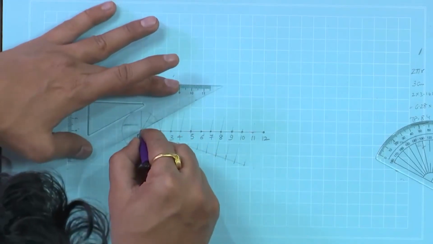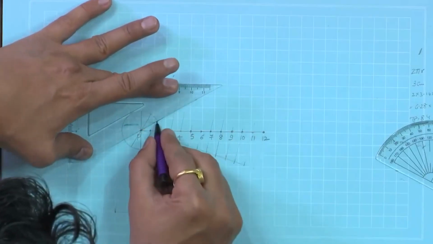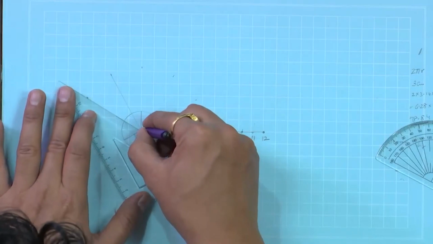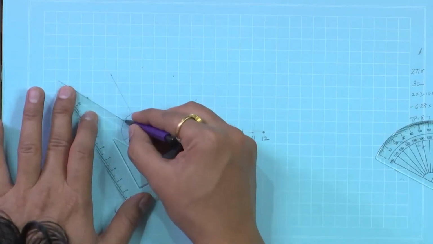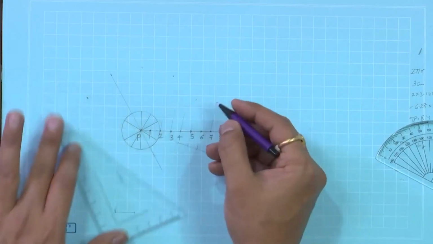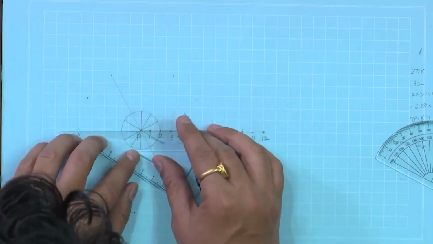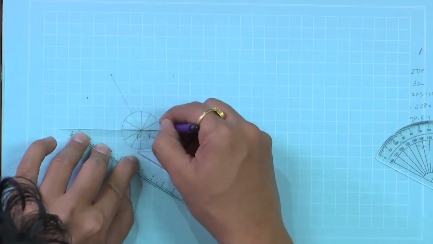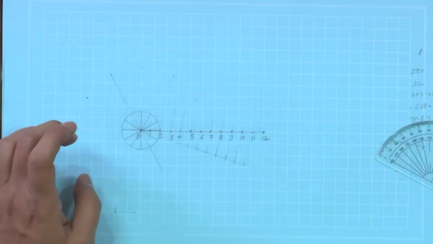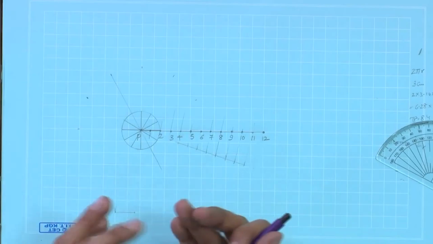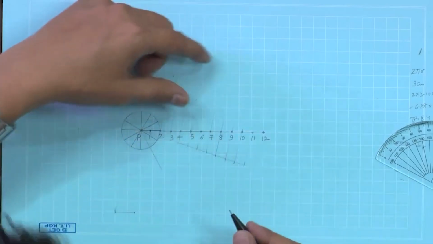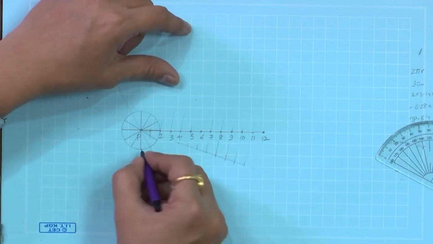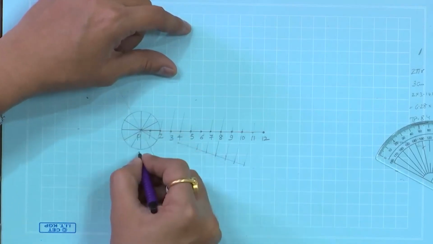Similarly, join this 30 degrees line. Join this one also. So, we made 12 divisions. We can have 24 divisions and so on, so that a better curve can be traced. Now, name them carefully. Always point P somewhere here.